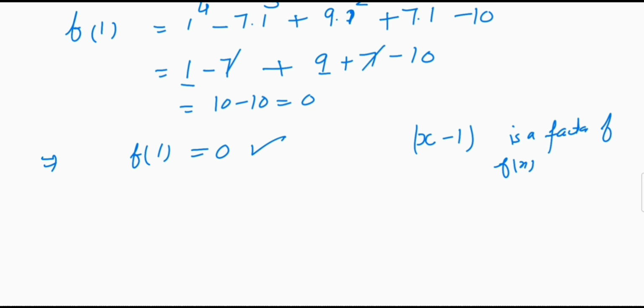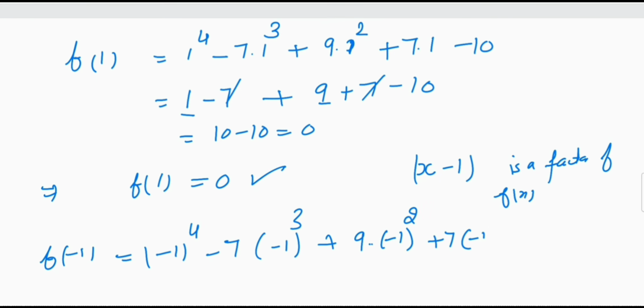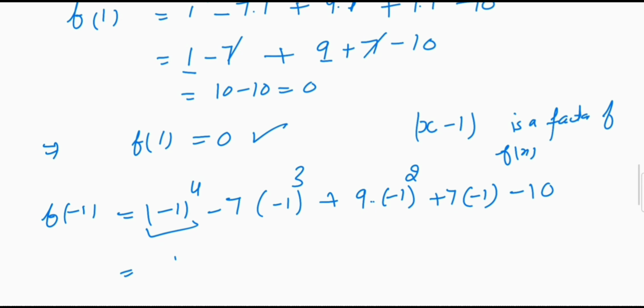Now similarly we'll check for f(minus 1). We put minus 1 raised to power 4 minus minus 1 raised to power 3 plus 9 multiplied with minus 1 raised to power 2 plus 7 multiplied with minus 1 minus 10. So this will become equal to 1.